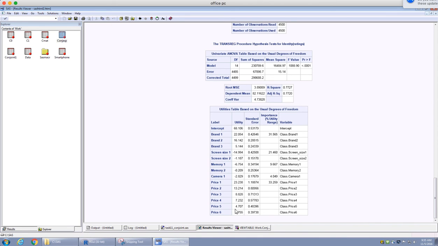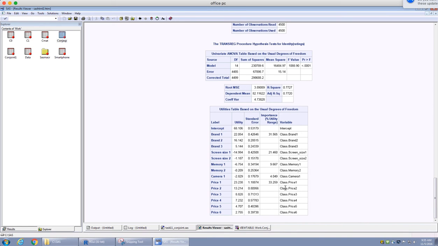Okay, now that's the utility part, and the next part you should look into is the importance of each of the attributes. It seems that this adds up to 100. Price has an importance of roughly 33%, followed by brand at 32%, and screen size is the third most important at 21%, followed by memory size at 10%, and the last one would be camera.